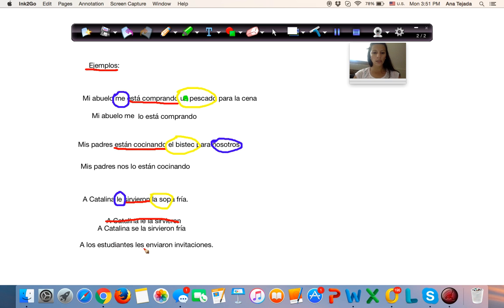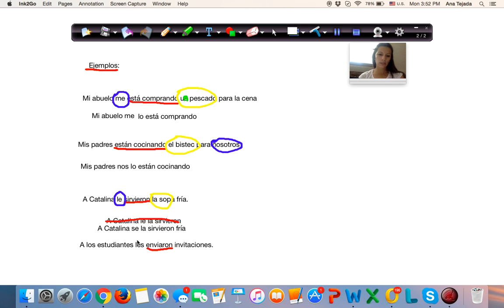A los estudiantes les enviaron invitaciones. What's the action? What's the verb? What happened? Enviaron, right? To send. Then we look at our indirect object. Muy bien. So, for whom or to whom was something sent?